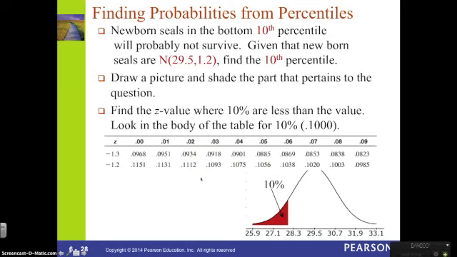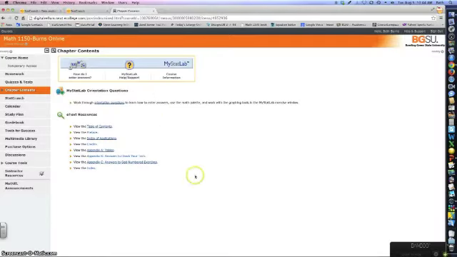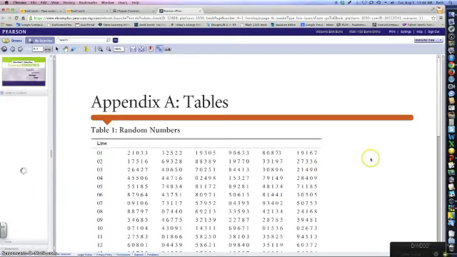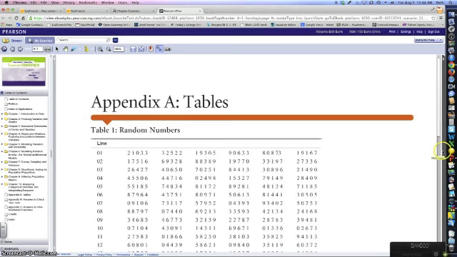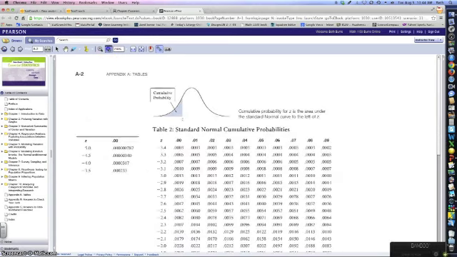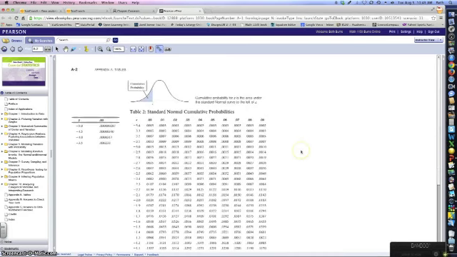So I'm going to go over to my table. Remember we just went to chapter contents, and appendix A is the tables. I don't want the random number table, and let me zoom it out so we can find it. Now we're looking for 10%. 10% is 0.1.